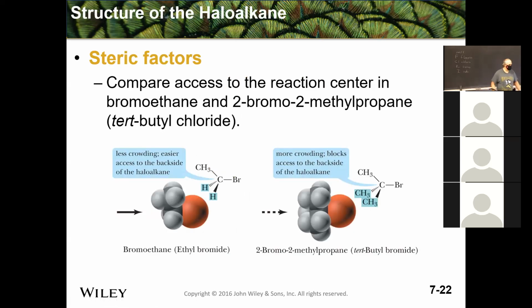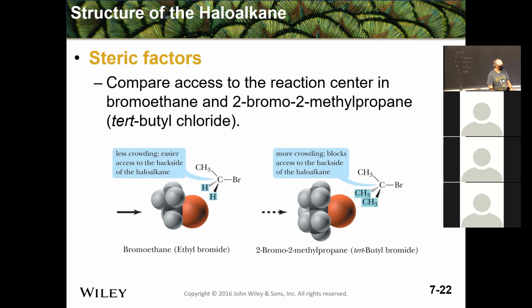Here's an illustration of steric factors. Here we have bromoethane, compared to 2-bromo-2-methylpropane, which is a tertiary halide.